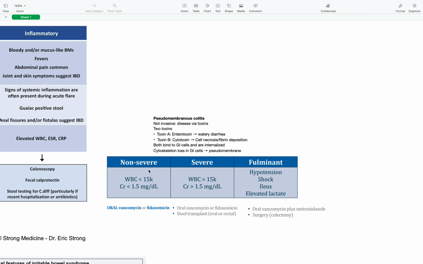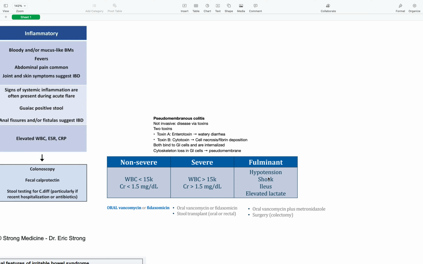All right. The way you treat non-severe cases is with oral vancomycin or fidaxomicin. All right. Severe, however, white blood cell count will be more than 15K, creatinine more than 1.5 mg per dl. The treatment here would be oral vancomycin or fidaxomicin, or sometimes stool transplant. Versus fulminant.